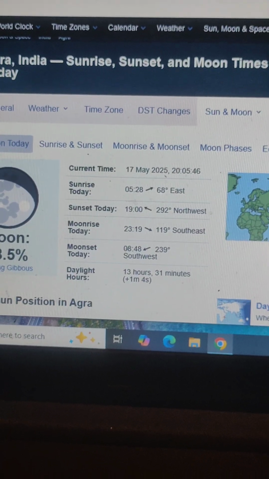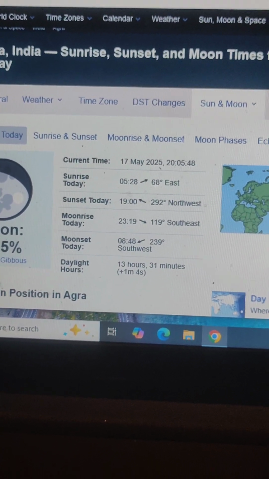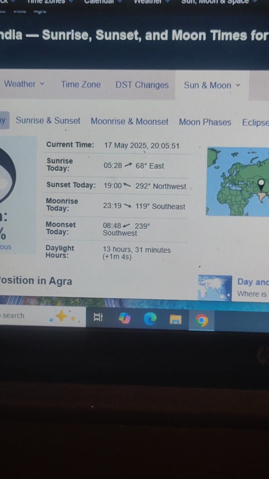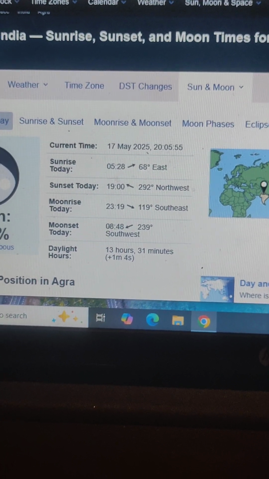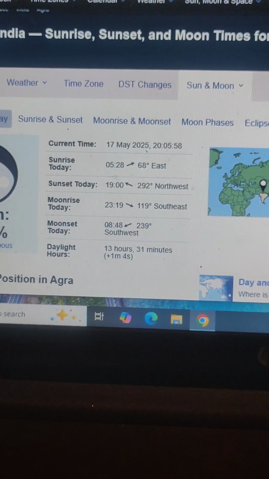That's 12 times 60, so 720 and 720. When you divide that by 15, that gives you 48 minutes each muhurta.